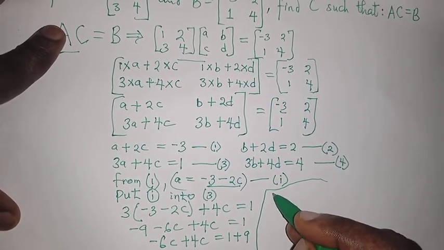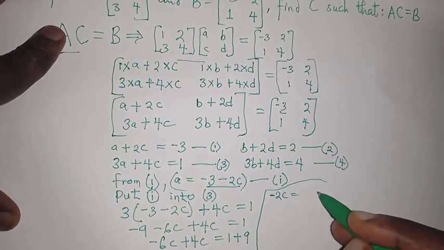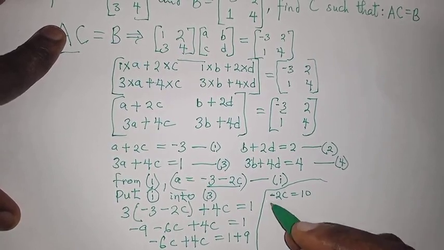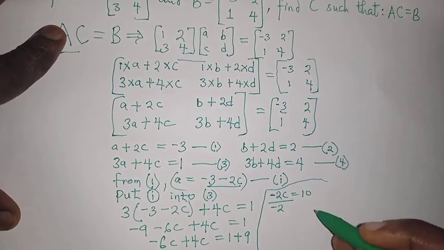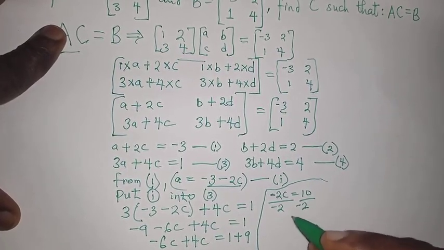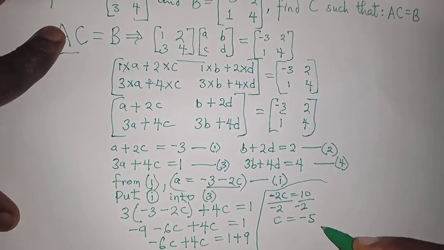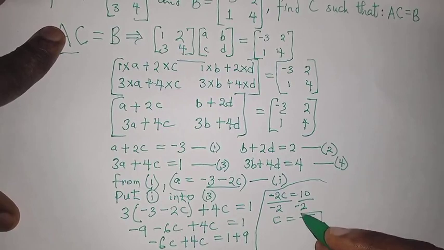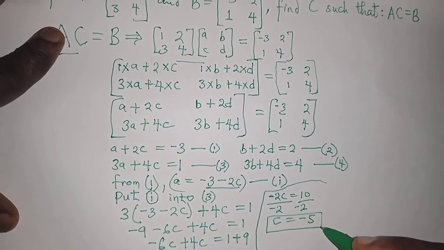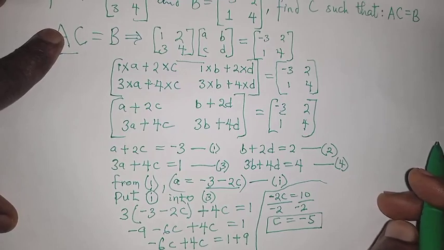Now, minus 6 plus 4 is minus 2C, and this is 10. So dividing through by the coefficient of C, I get that C is equal to minus 5. So I've gotten my answer for C.